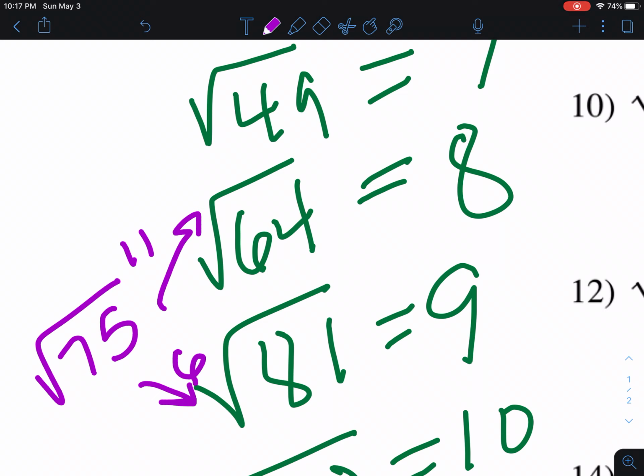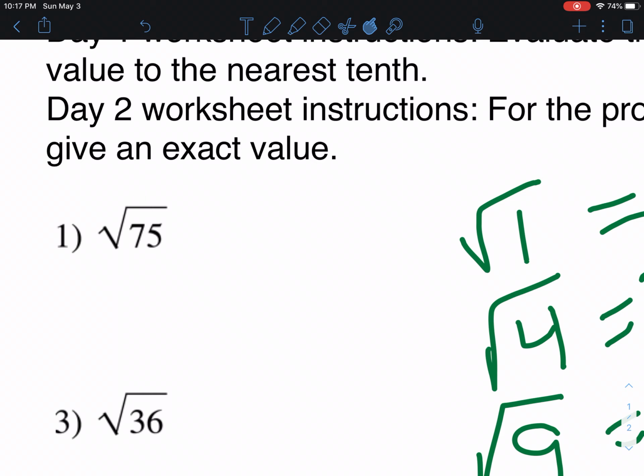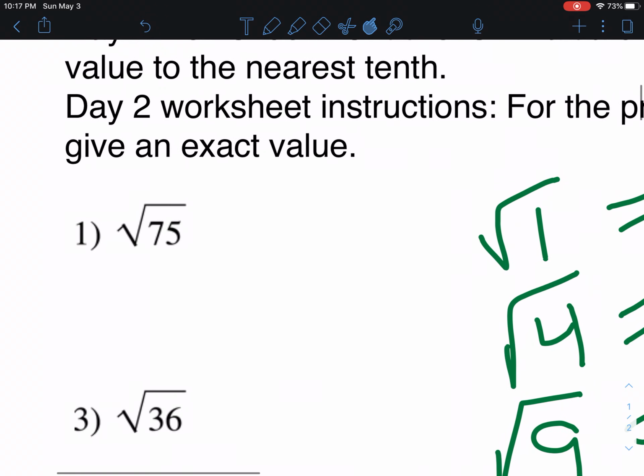So when we go back and do the square root of 75 here, go back to the top of the worksheet, we're going to estimate it to be somewhere in between 8 and 9. So we're going to call it 8.9.